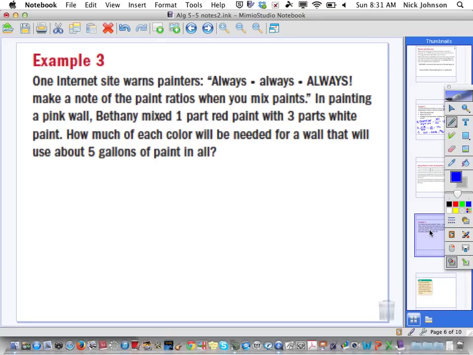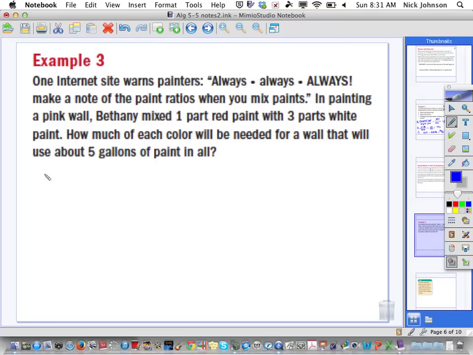Okay? One internet site warns painters, always make a note of the paint ratios when you mix paints. In painting a pink wall, Bethany mixed 1 part red paint with 3 parts white paint. How much of each color will be needed for a wall that will use about 5 gallons of paint in all? So here's what you need to do.